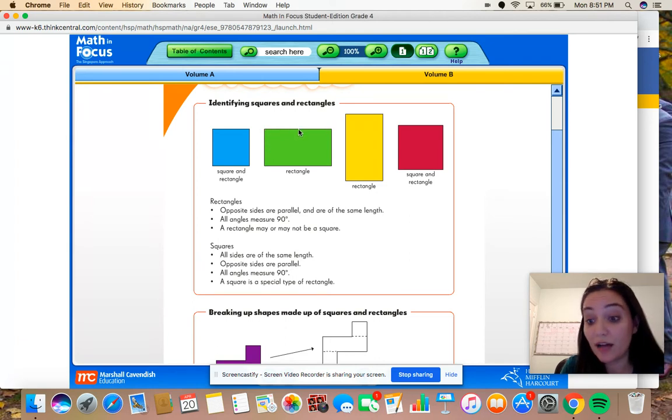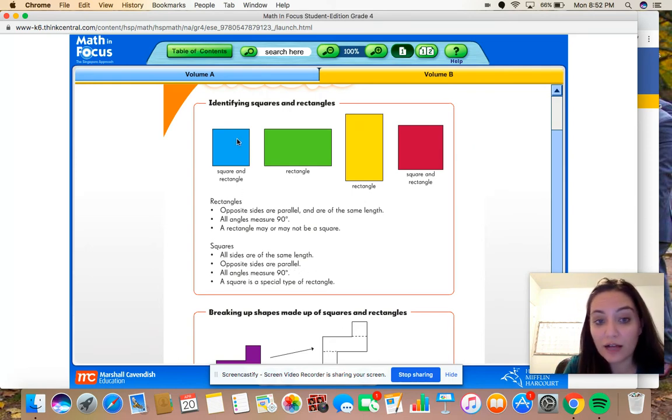No, it's not. Okay, so that's why this green shape is not a square, it is a rectangle. This blue shape right here, every single side is the same length. That makes it a square. Okay, so for a square, all sides are of the same length.